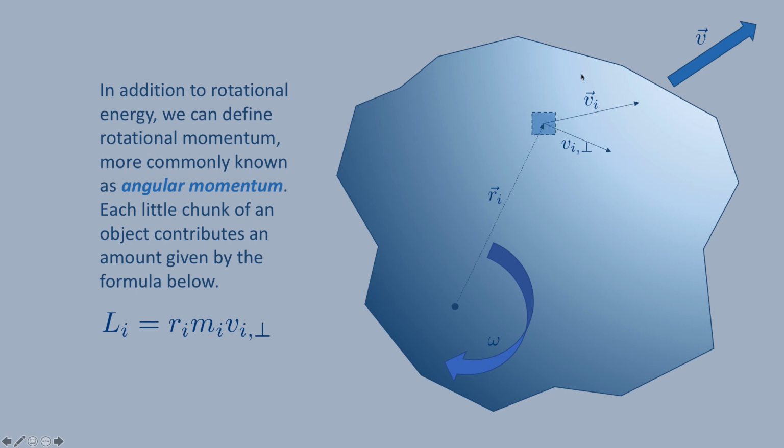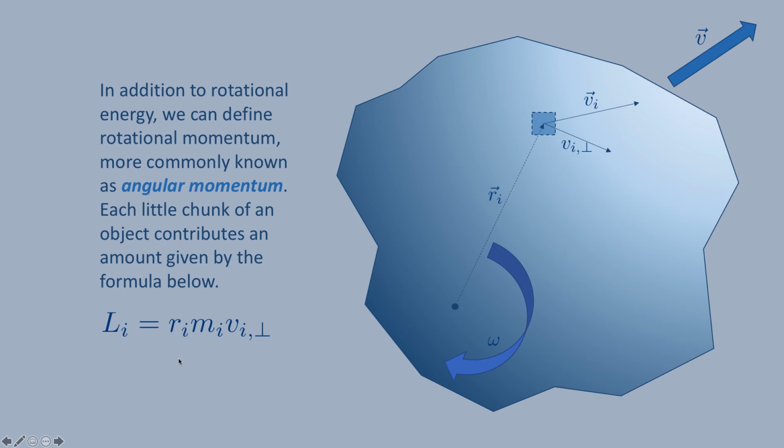Okay. So each little object has an amount of angular momentum that is related to how far it is from the center. So we take the radius that it is from the center and multiply by its actual momentum in the direction perpendicular to its radius, and that's what we call its angular momentum.